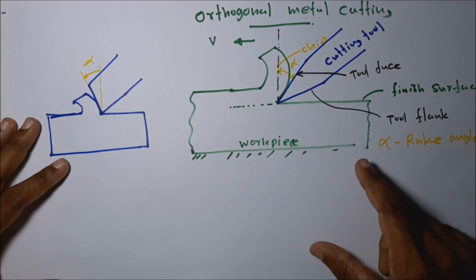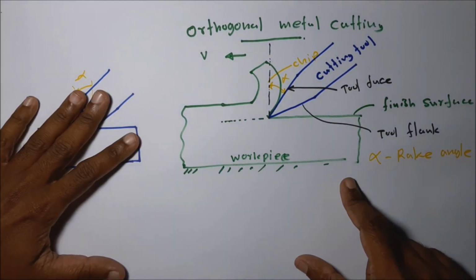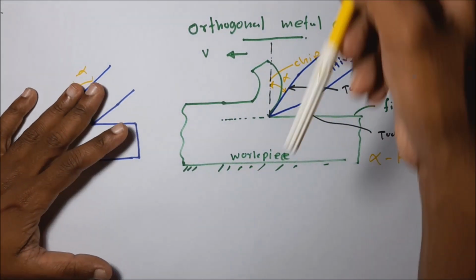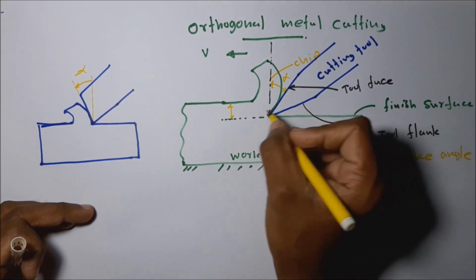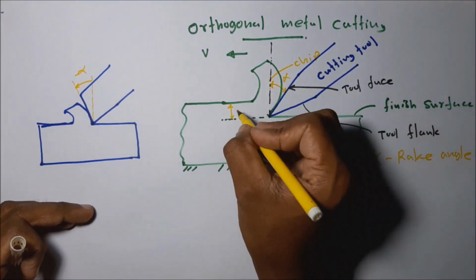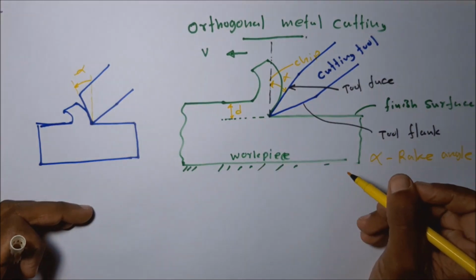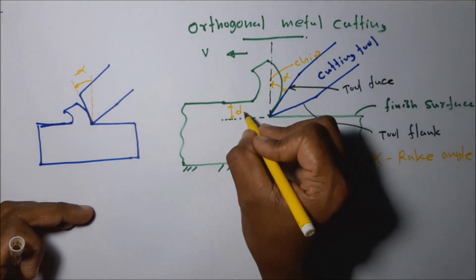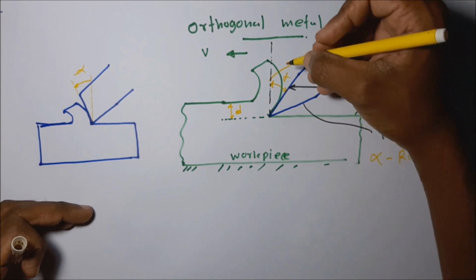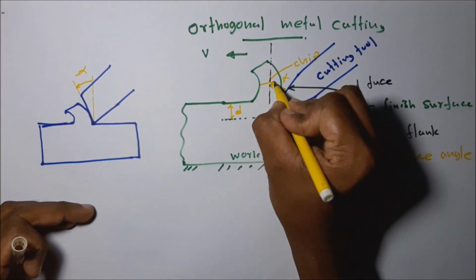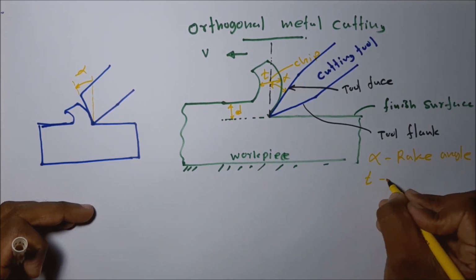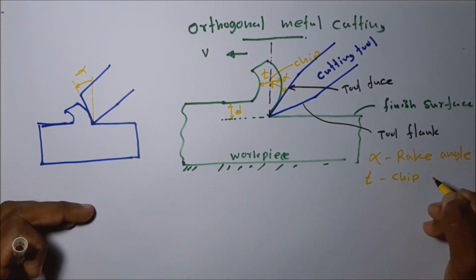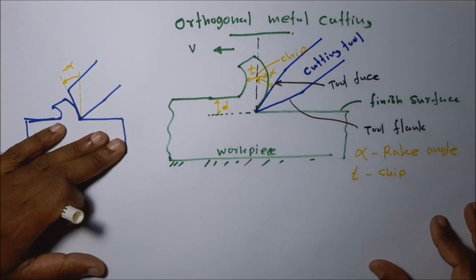Okay, then in this diagram try to identify these components. This is called the undeformed chip thickness. For this orthogonal cutting operation, it is equal to d, the depth of cut. Then this is called t, the chip thickness.